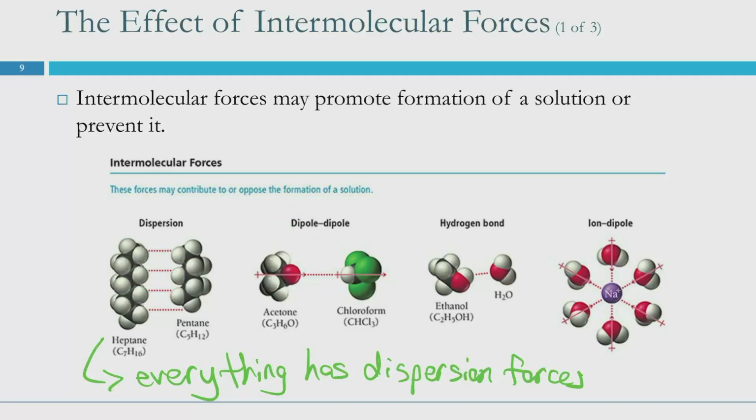Dipole-dipole forces are stronger than dispersion forces. What kind of things have dipole-dipole forces? Maybe think about what's a dipole. Which pole do polar bears live at? Polar bears. It's either the North Pole or the South Pole.